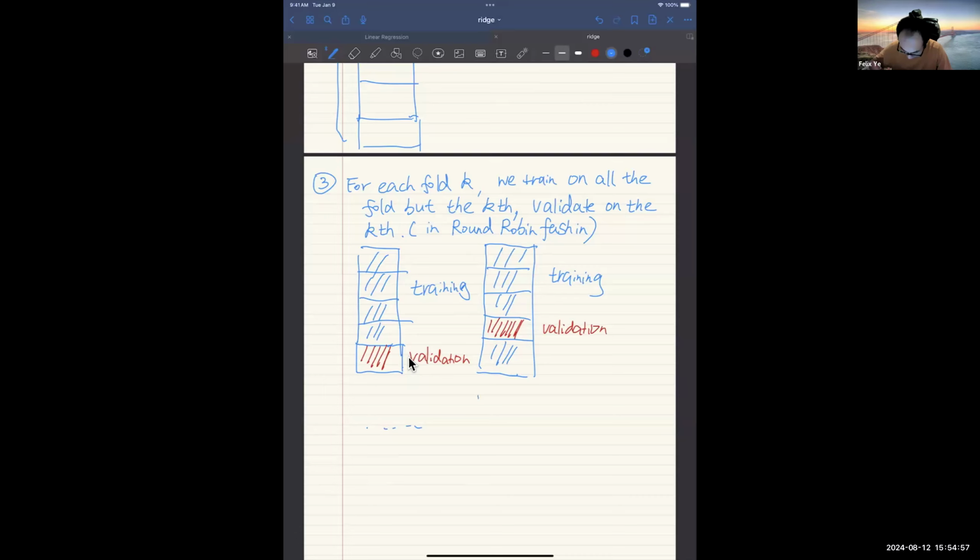The last one will be the last fold as validation. So you do this 5 times, and everything else will be training. That means each fold is used once and only once for validation. This is called round robin fashion.